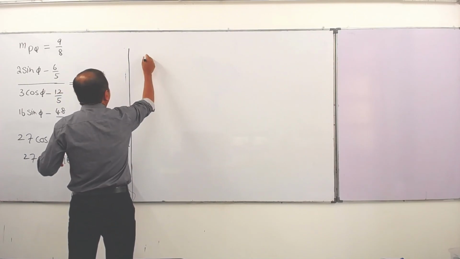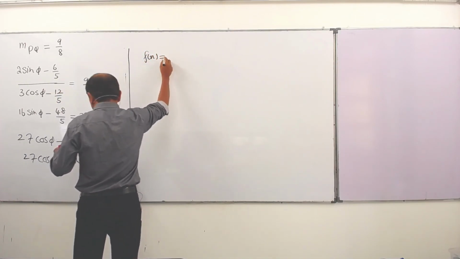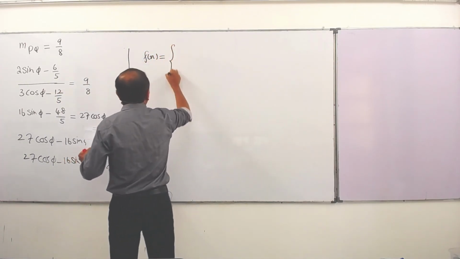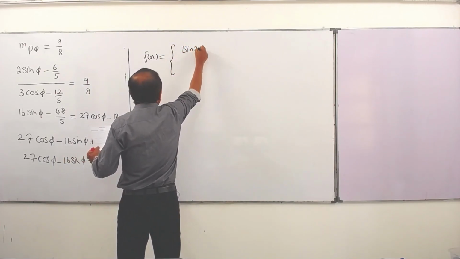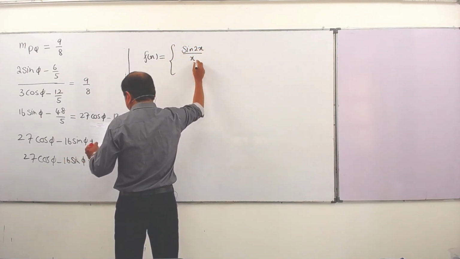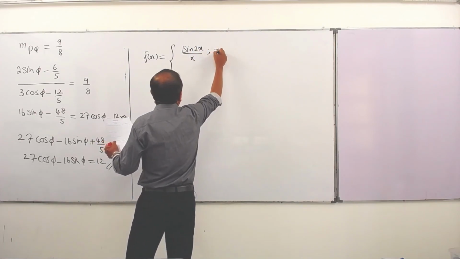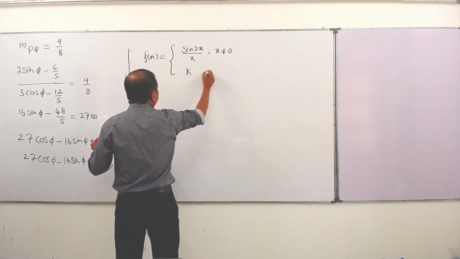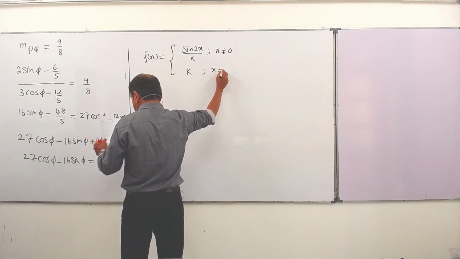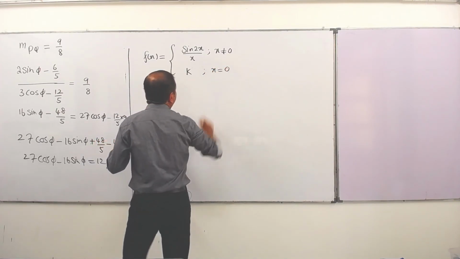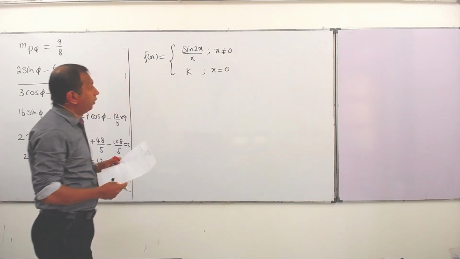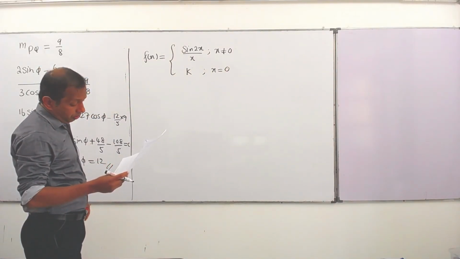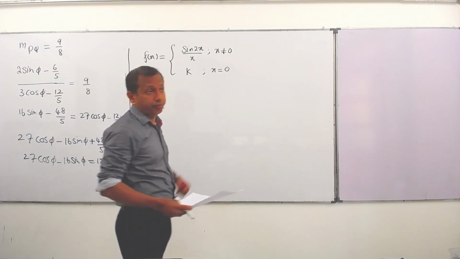Given f(x) equals sin 2x over x when x is not equal to 0. This is equal to k when x equals 0. We need the continuity at x equals 0 and are asked to find the value of k.